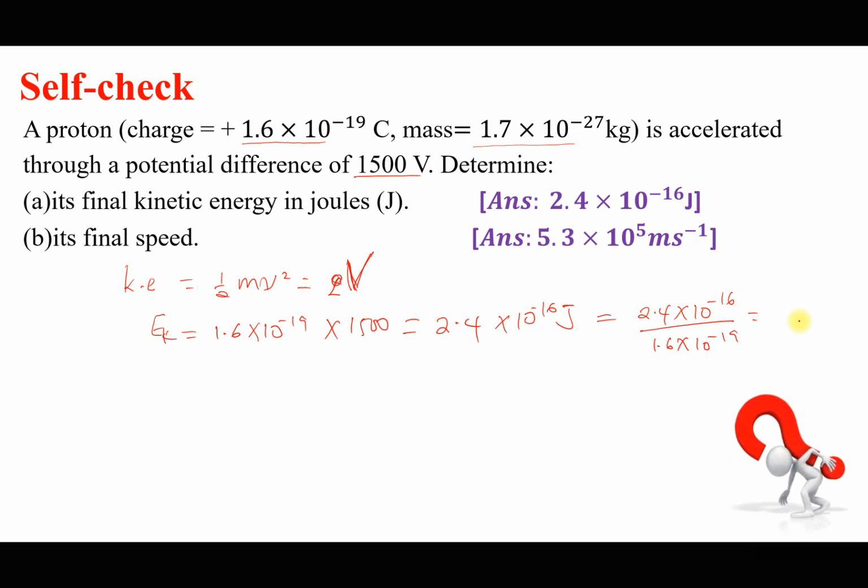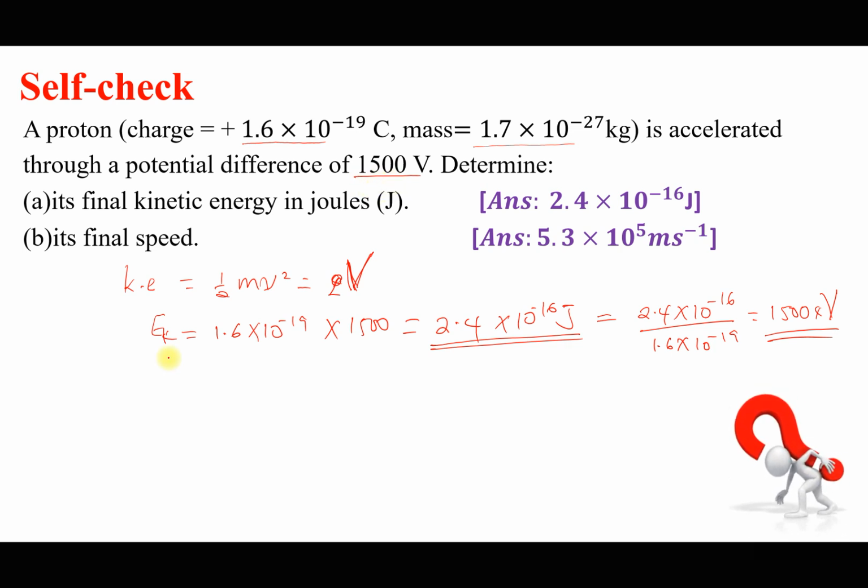Remember, 1 electron volt is the same as 1.6 times 10 to the power of minus 19 joules. So this is the same as 1500 electron volts. If we wanted it in joules, this would be the answer. If it was in electron volts, it would be just 1500 electron volts.